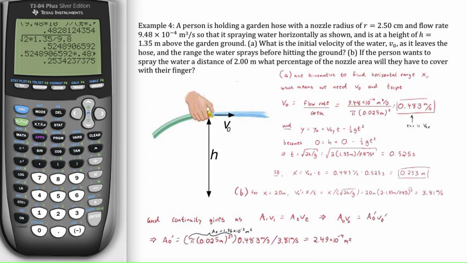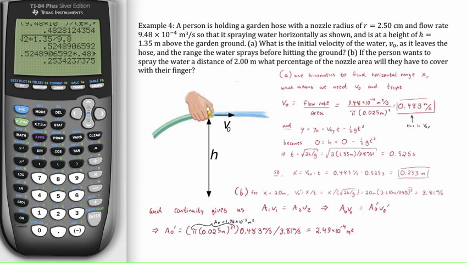Now with that information, the question asked for the percent. It could have just asked for the new required area, but it was interesting to think about how much the person has to cover with their thumb in order for the water to go faster and get that greater range. They had to cover about 90% if we just look at it, but let's actually set that up and find the percent difference.